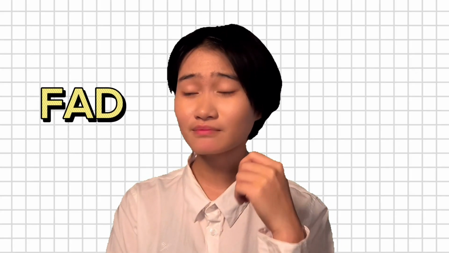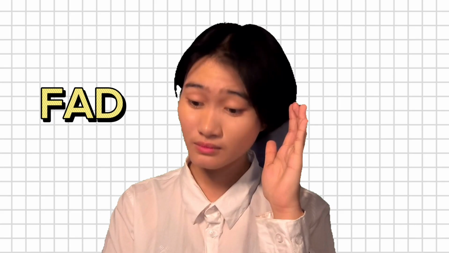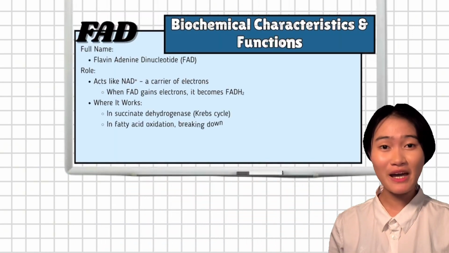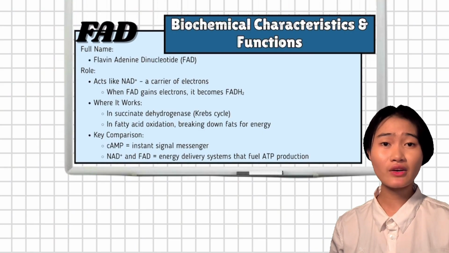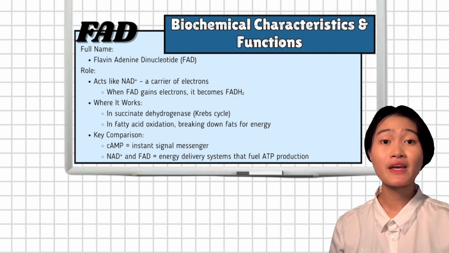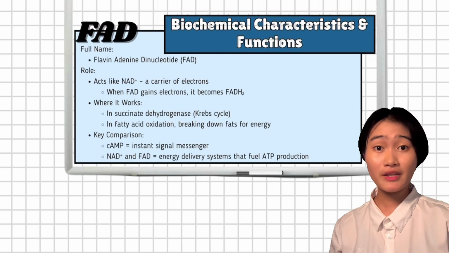Here we have FAD. What does this mean again? Flavin adenine dinucleotide? Correct! This is the power partner. This is also like NAD, where FAD also carries electrons and becomes FADH2 when reduced.